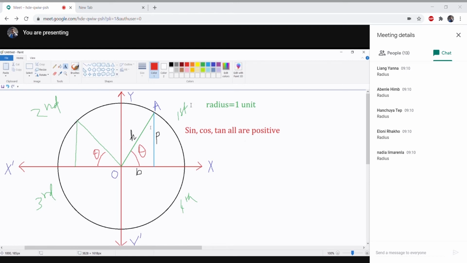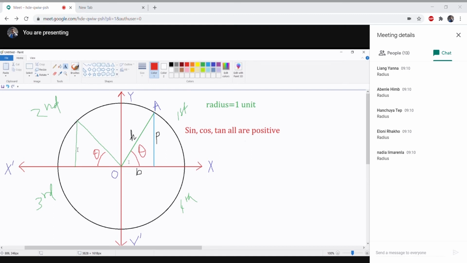So here sine, cos, tan are all positive, because sine means perpendicular divided by hypotenuse, both positive. Cos means base by hypotenuse, both positive. And tan means perpendicular by base, so this will be positive.